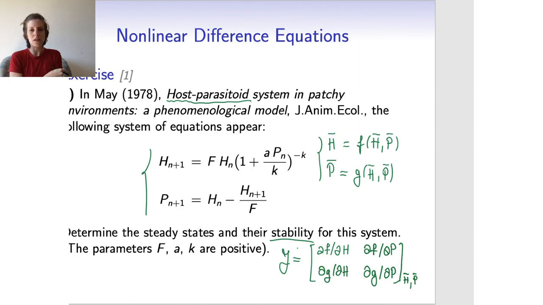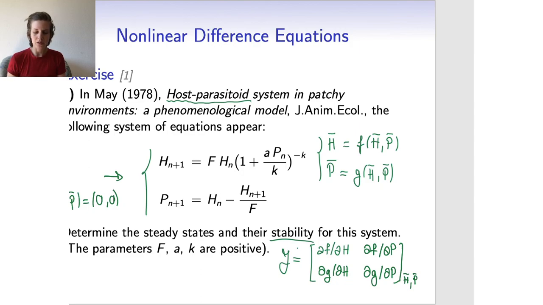Just by looking at this system here, you can see that 0 is one of the steady states. And then you are also going to get some non-zero steady state, and you have to analyze this for each steady state.